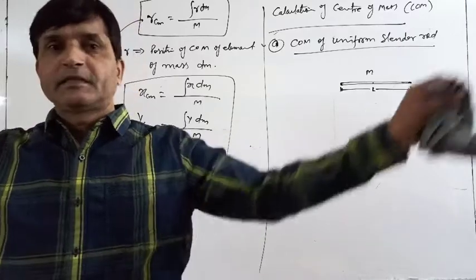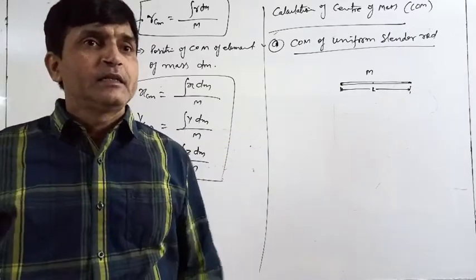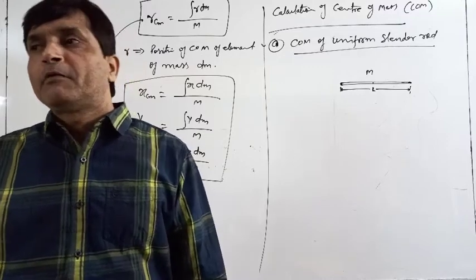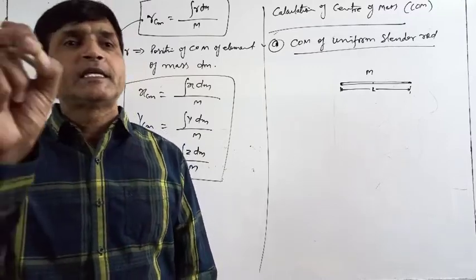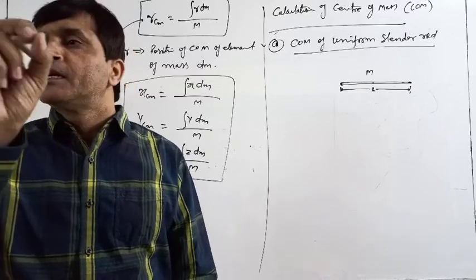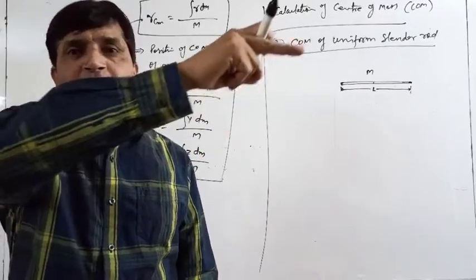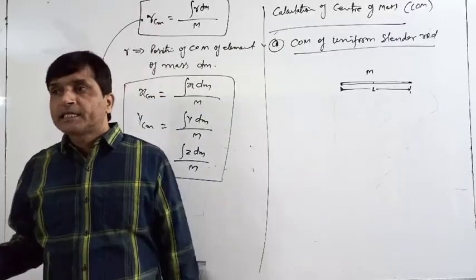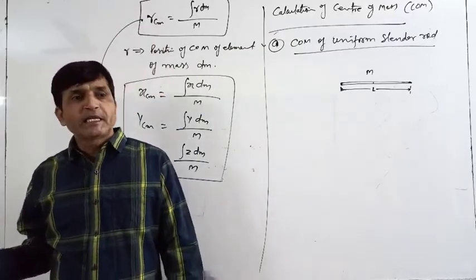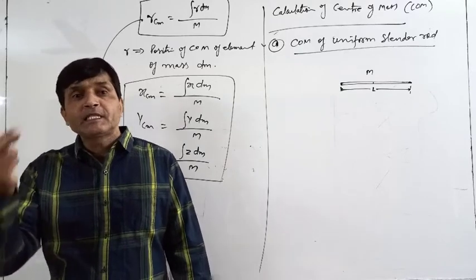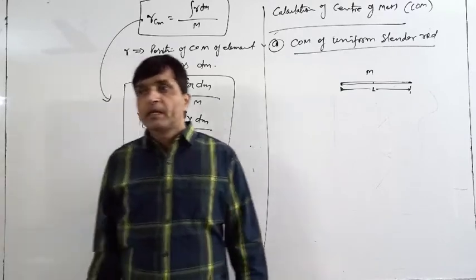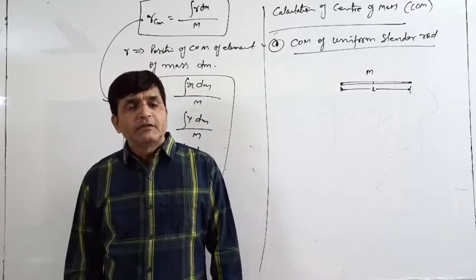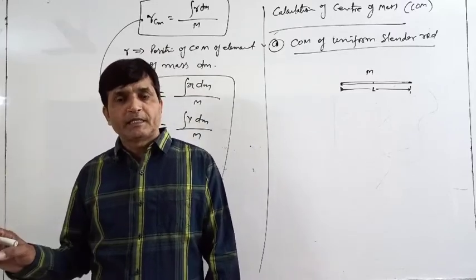A thread, a wire, is it one, two or three dimensional? What I told you, slender means the radius or diameter is negligible. It is just like a line. If the diameter is negligible, its thickness is almost zero. If thickness is zero, then it is like one line. So it is one dimension.